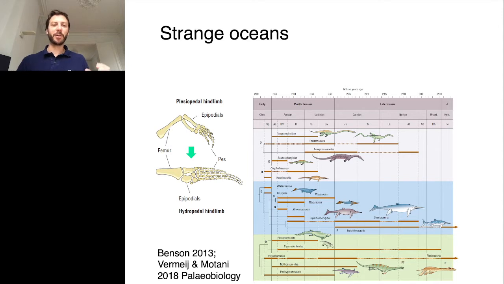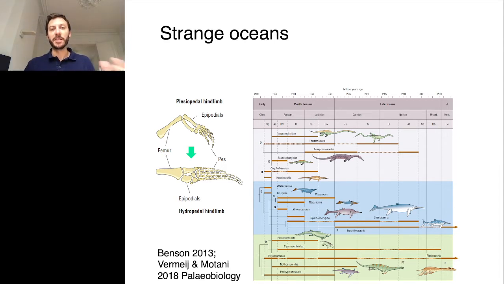And to me, it's what I like to call somehow the beginning of the strange oceans, because it's the big start, a massive start of what's going to be a true phenomenon, which is the fact that terrestrial animals are going to invade sea and aquatic ecosystems to become the top predators in these environments.